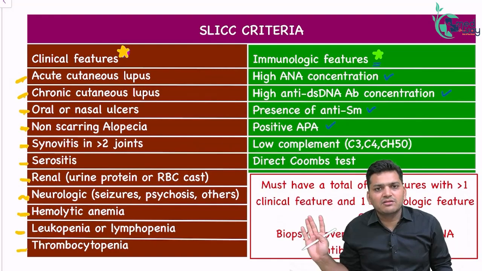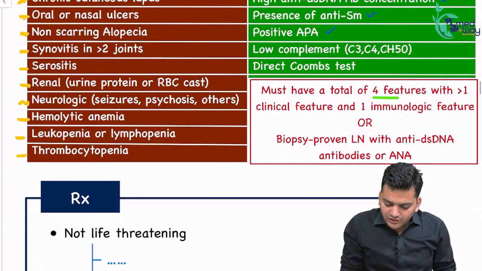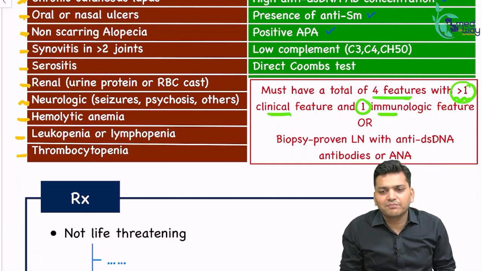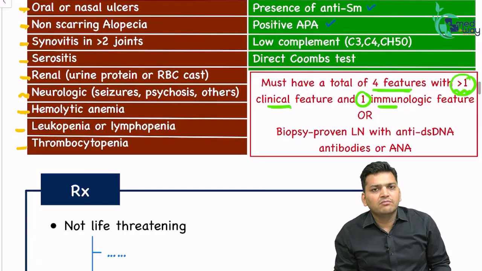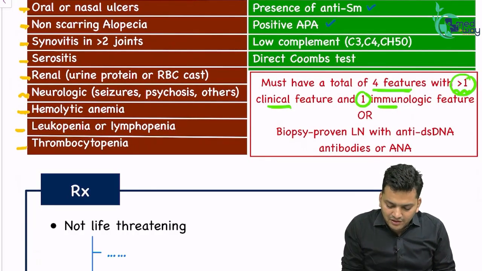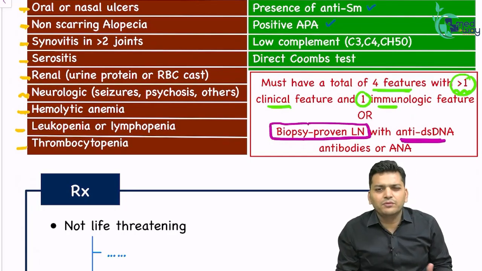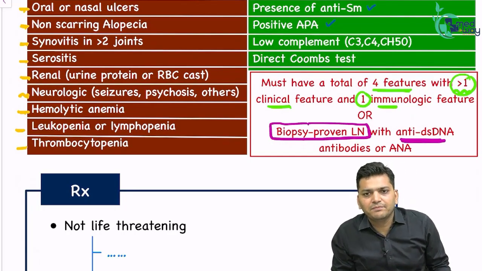Something like this, the combination should be there. So must have a total of 4 features, and every category should have at least one clinical feature as well as one immunological feature. Or if not, if a patient has SLE, we did the kidney biopsy and have a biopsy-proven lupus nephritis with anti-dsDNA, then also we can say that okay, this is SLE.